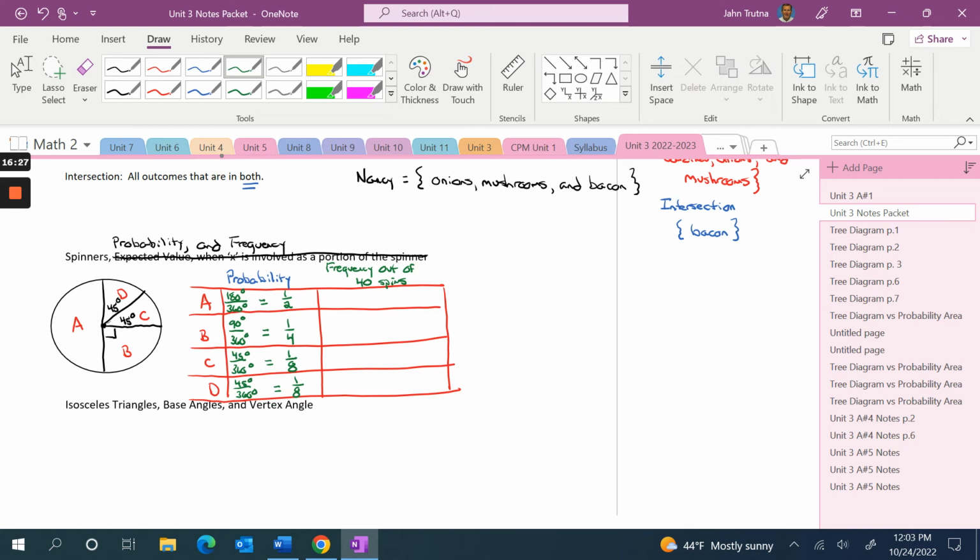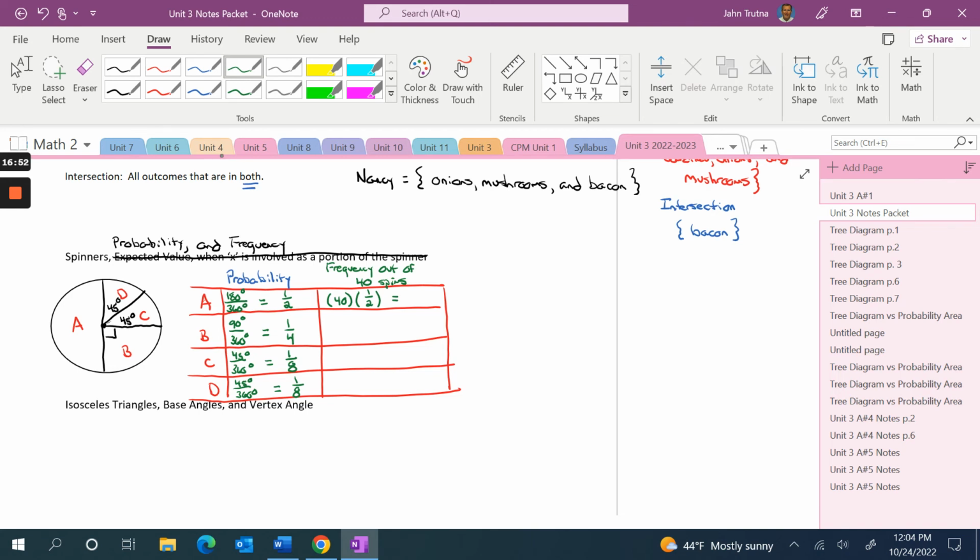Okay, now, to find the frequency that I would expect the spinner to land in each one of those sections out of 40 spins, I take the 40, because I'm going to spin the spinner 40 times, and I multiply that with the probability of the spinner landing in that particular section.